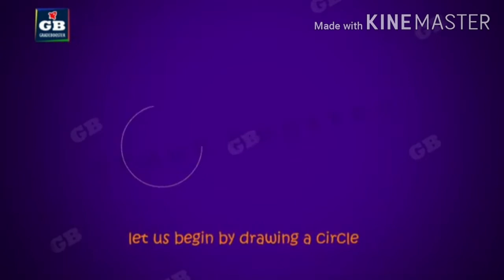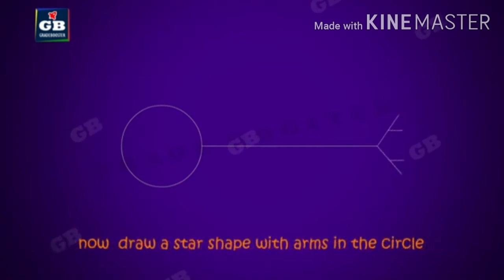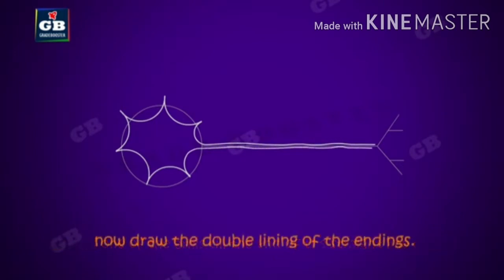Let us begin by drawing a circle. Draw a line attached to it. At the end of the line, draw some branch-like structures. Now draw a star shape with arms. Extend one of the arms to the end. Now draw a double line to cover the endings.